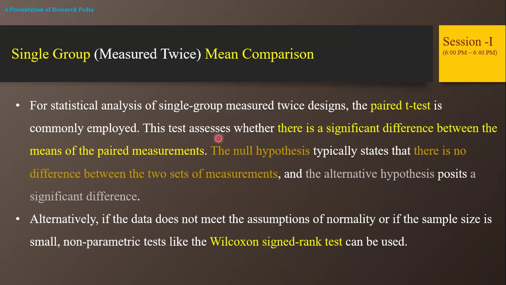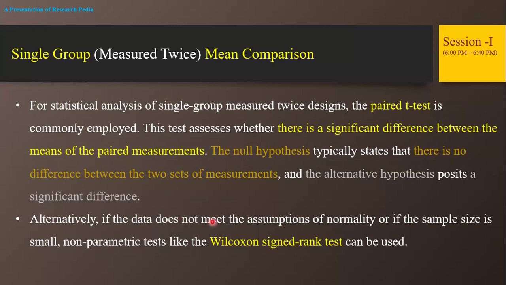So first we need to check the normality. This test assesses whether there is a significant difference between the means of that paired measurement. The null hypothesis typically states that there is no difference between the two sets of measurement, and the alternative hypothesis posits a significant difference.